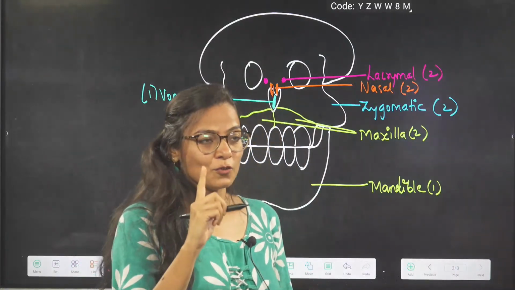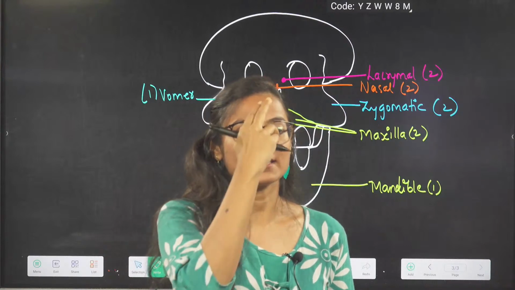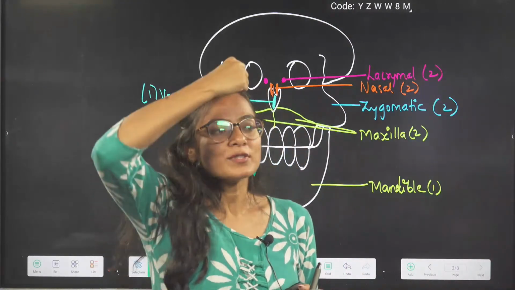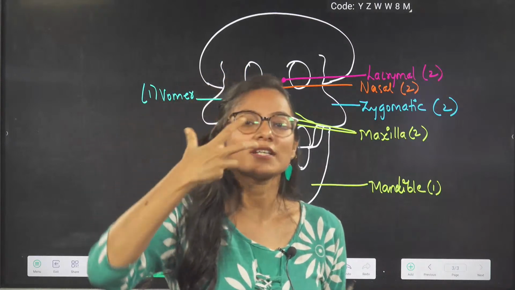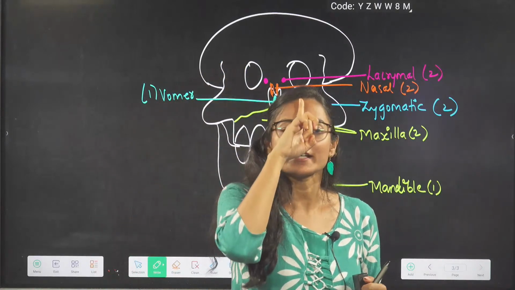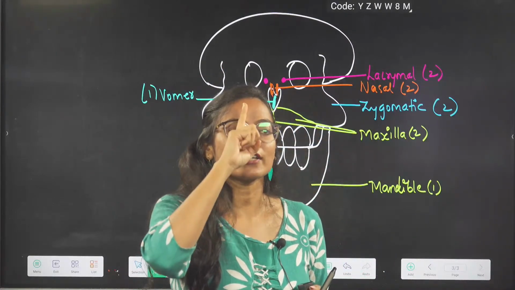Right? Now there are two bones which are present inside the nose, not exactly inside the nose. See, understand, if you see inside the nose, anyway we can't see it directly, it is the internal picture that I'm telling you. It is not a straight path. Inside that nasal cavity, it is not a straight path.